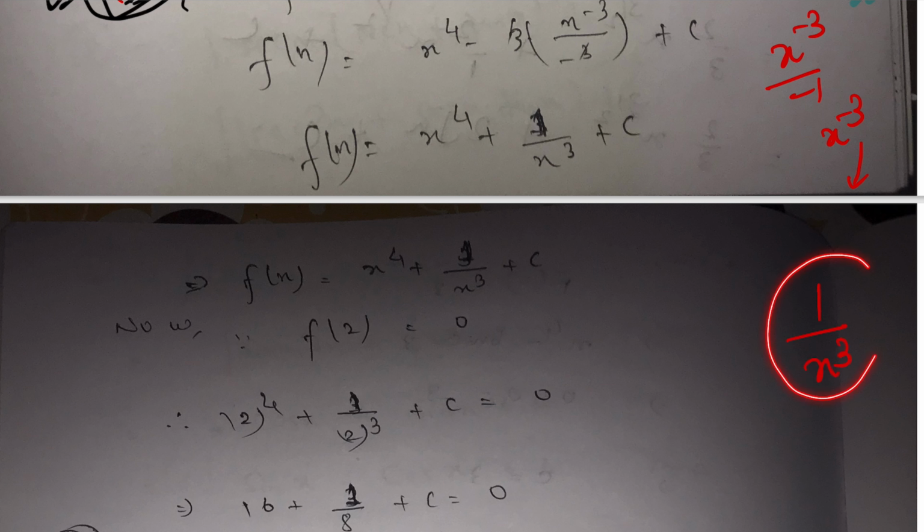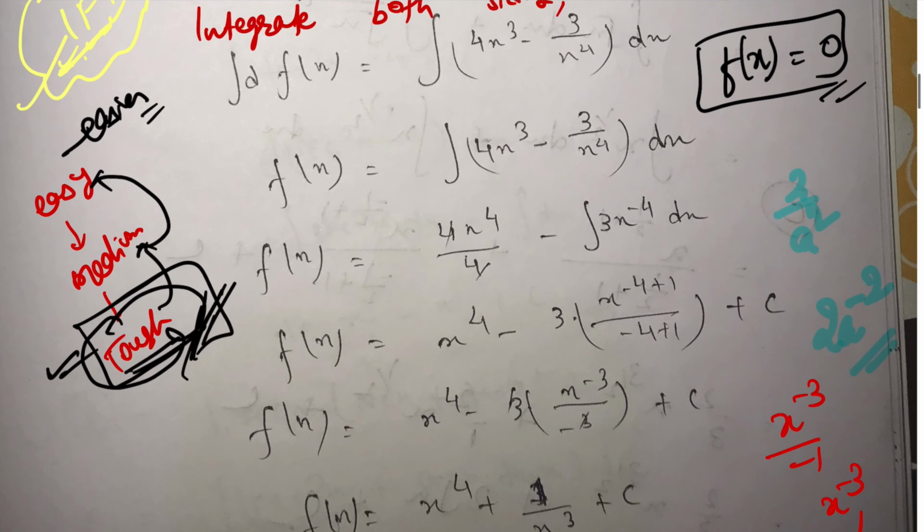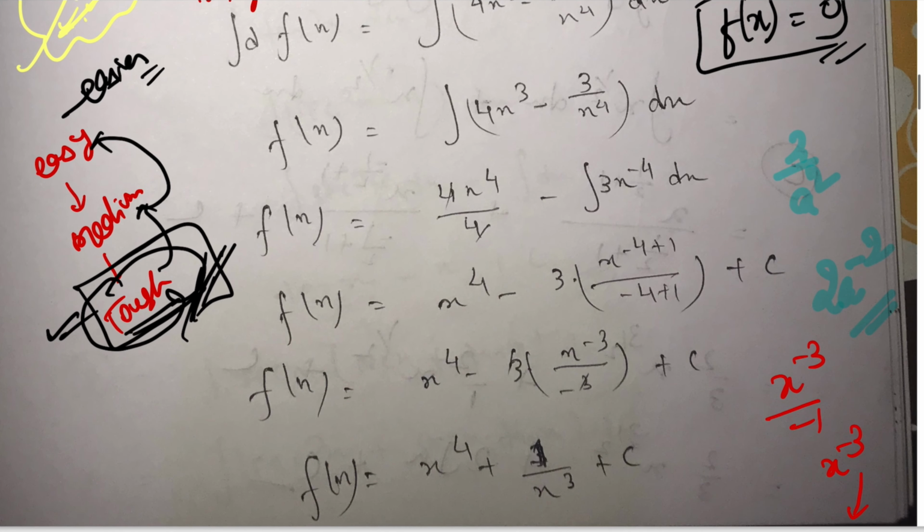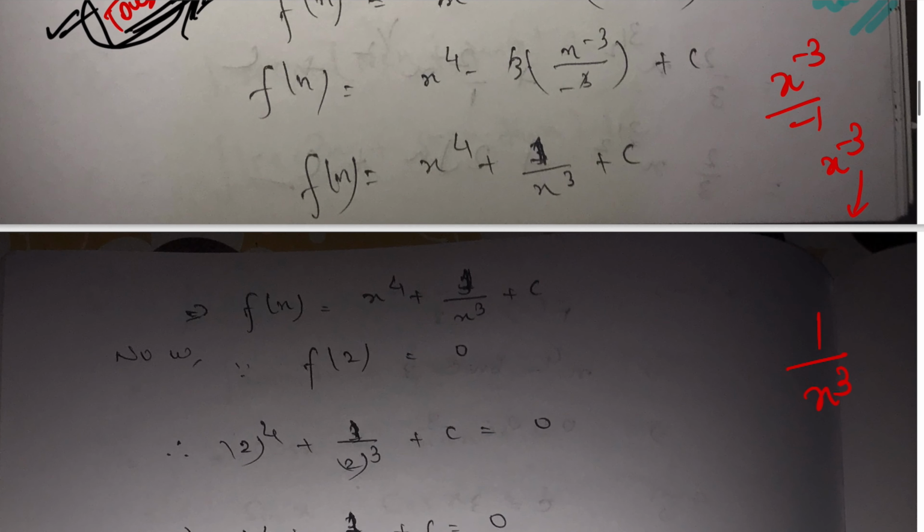This is just the opposite of what you did here. If you take the power from down to up, it will be minus, and if you take the same power from up to down, it will be plus. So it is plus now, x to the power 3, and it will become 1 by x cube. So we have basically x to the power 4 plus 1 by x cube, and then plus c, obviously.